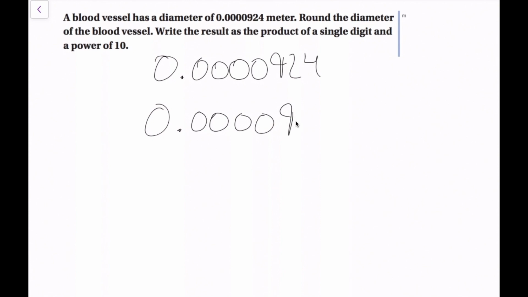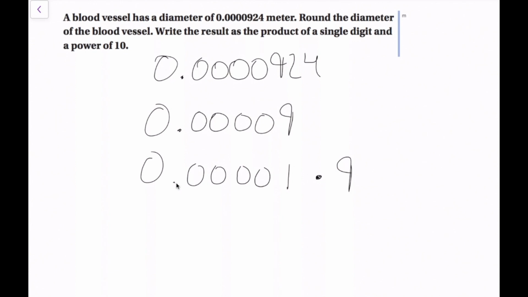Now I'm going to break up this 9. I'm basically going to rewrite this as 0.00001 times 9. The reason I can do this is if I do 9 times 0.00001, I'm going to get 0.00009. Now I want to figure out what this chunk is as a power of 10.